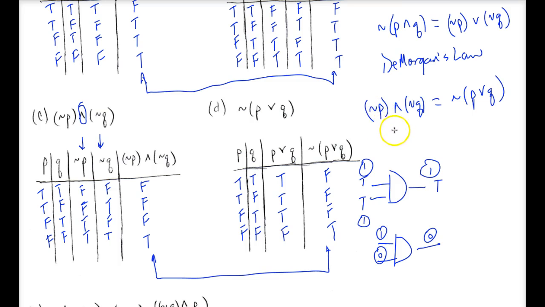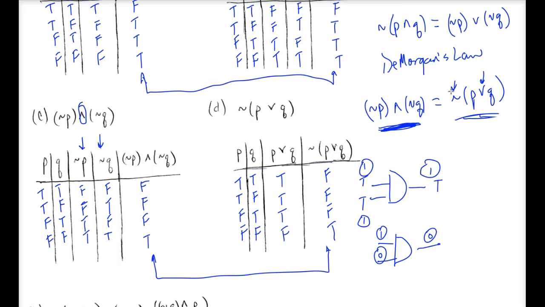Just as an example here, you can see in this form of the statement we have 1, 2, 3 connectives. We have 2 tilde signs and 1 AND sign. But here we only have 2 signs, 1 tilde and 1 OR connective.